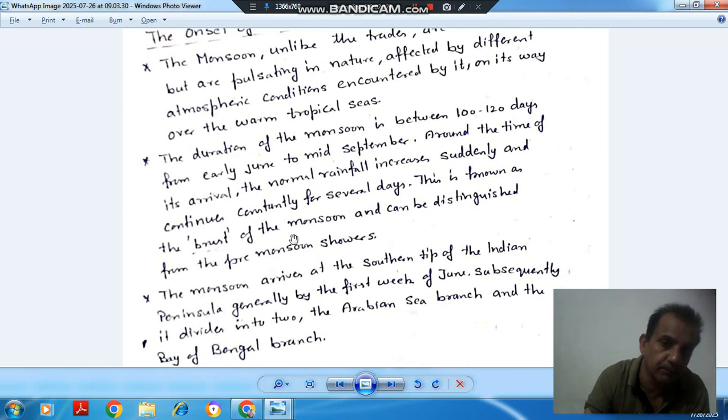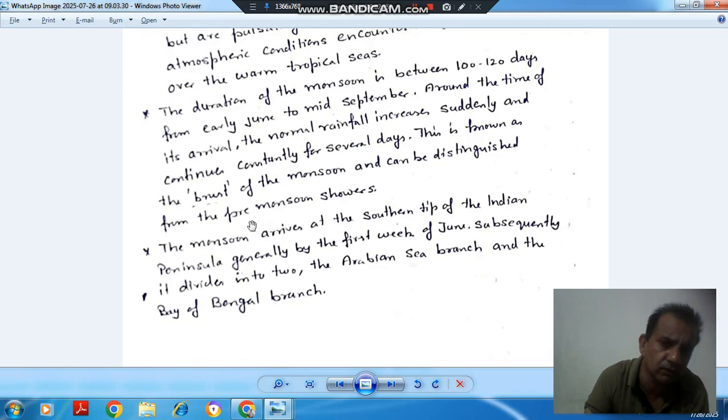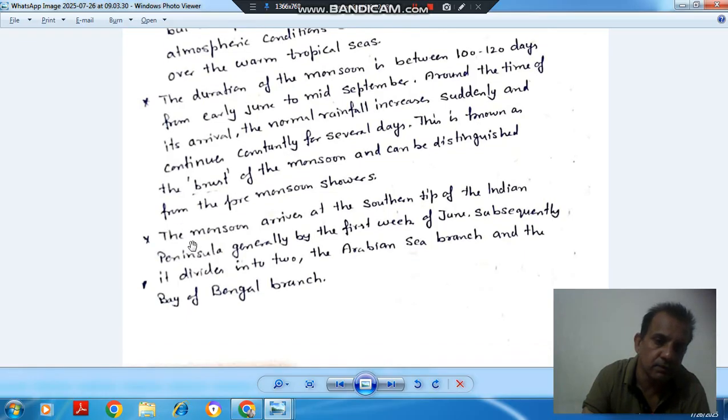Initial rain which lasts for several days is called burst of monsoon and can be distinguished from pre-monsoon showers. Pre-monsoon showers are not for a number of days, but initial monsoonal showers are for several days. So this is called burst of monsoon.